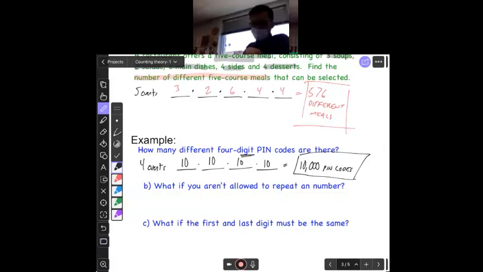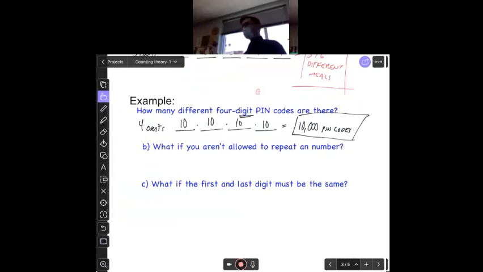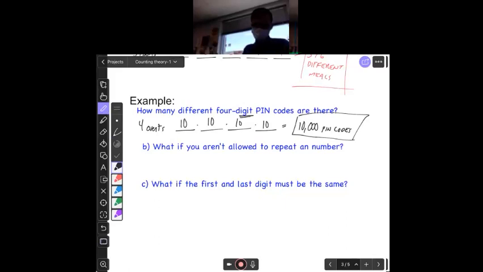So what if we start adding little caveats onto the problem? Hey, you're not allowed to repeat numbers now. So how many events are there? Still 4. Yep. Still have to pick 4 numbers. A number times another number times another number times another.